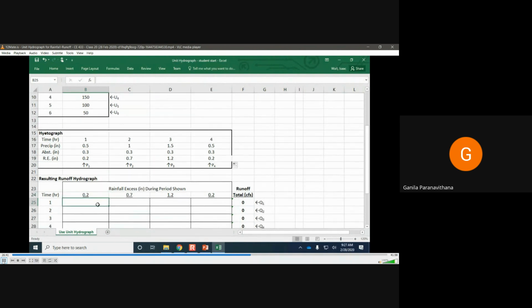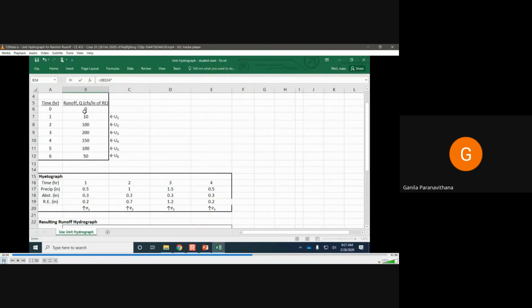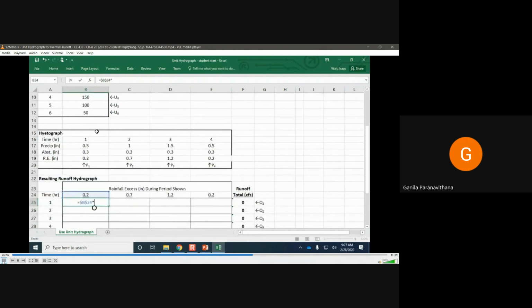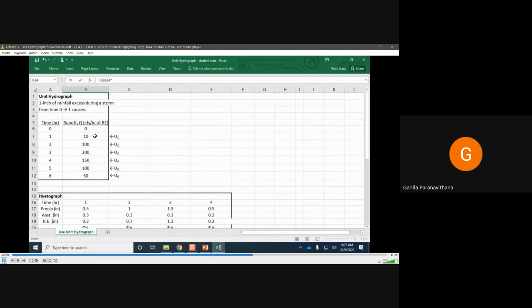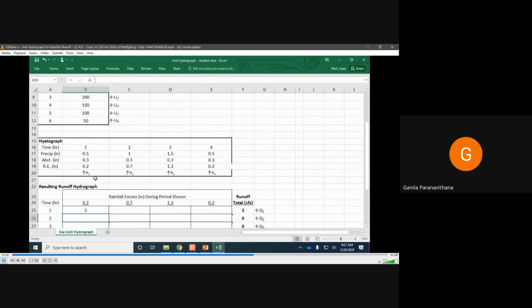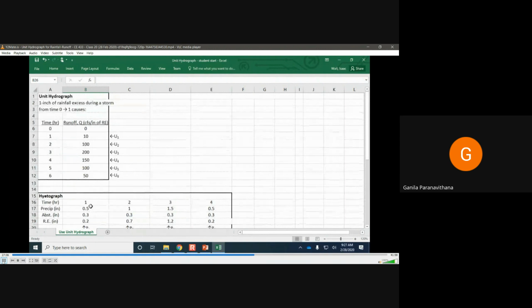So the way that we do this is equals the rainfall excess amount, and you anchor that reference, multiplied by the unit, and this is hour 1, so I'm going to go here to hour 1 amount, and that's what we'd expect. 2 CFS will come out because it was going to be 10 CFS if we had an inch of rainfall excess, but we don't have a full inch.